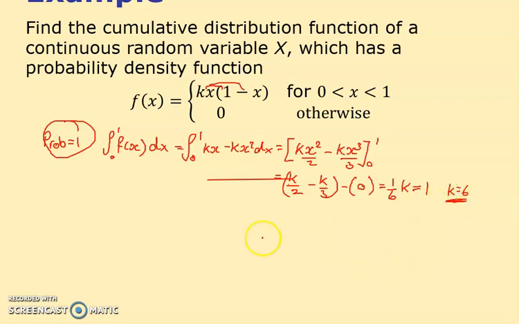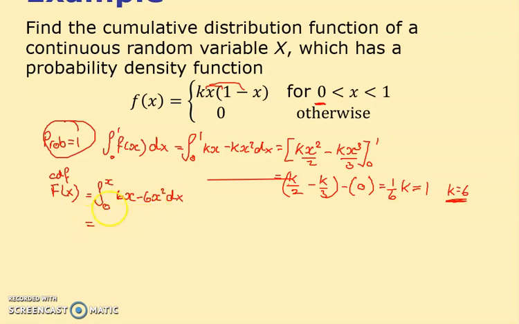Alright, so now I can say that F of x, the CDF, remember this is the CDF, is the integral from the lowest point, which is 0, up to the highest point that I want to care about, which is x. And k I can write as 6, so 6x minus 6x squared dx.